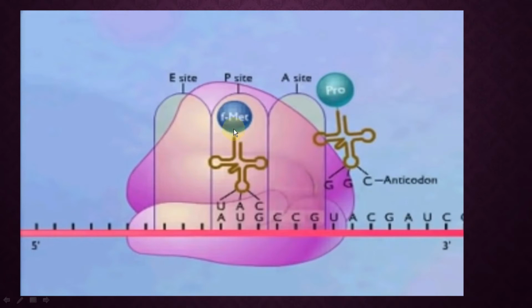It will release its amino acid. As soon as the bonding takes place between U-A and C-G, this amino acid is released and is left over here at the P site only. Simultaneously, the next codon is CCG. This is the next codon.